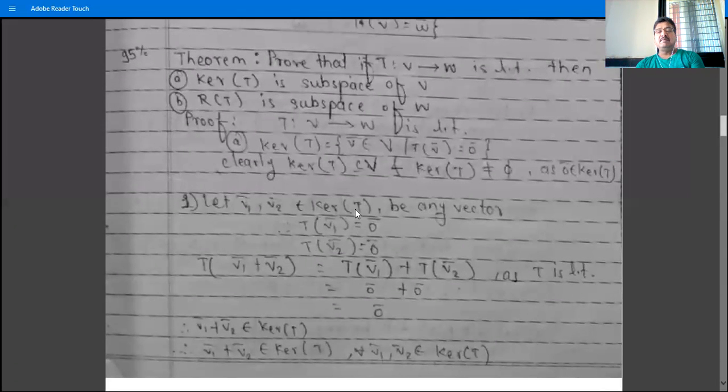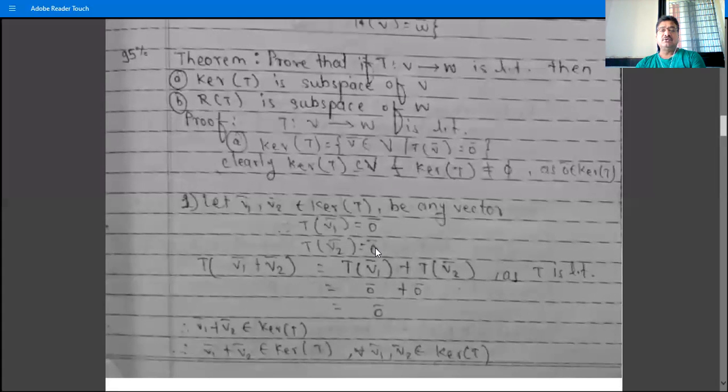First, take two elements from kernel of T, any vectors. Suppose v1 bar and v2 bar belong to kernel of T. What do we have to show? We have to show v1 bar plus v2 bar also belongs to kernel of T. As v1 bar belongs to kernel of T, T of v1 bar is 0 bar, and v2 bar is also an element of kernel of T, so T of v2 bar is 0 bar.